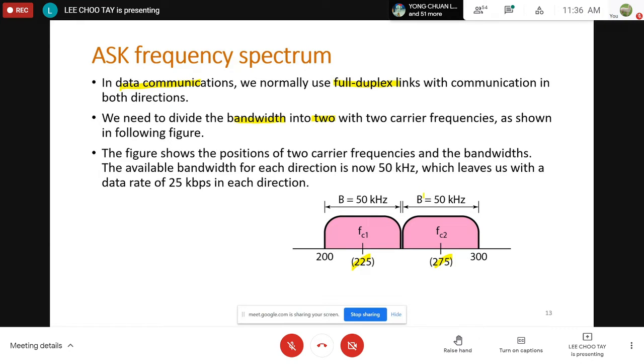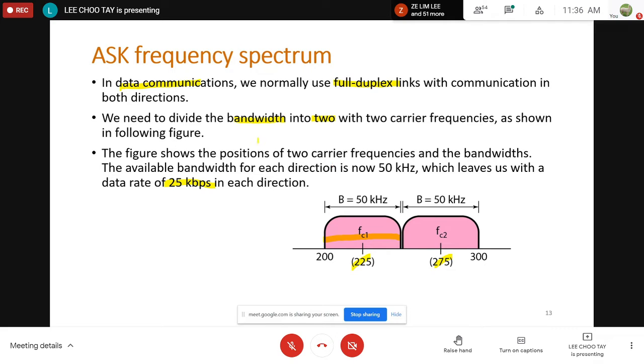All right. Then because for each direction of communication, ASK requires two times the baseband signal bandwidth, this is for double sideband, that leaves us only 25 kilohertz for our signal.